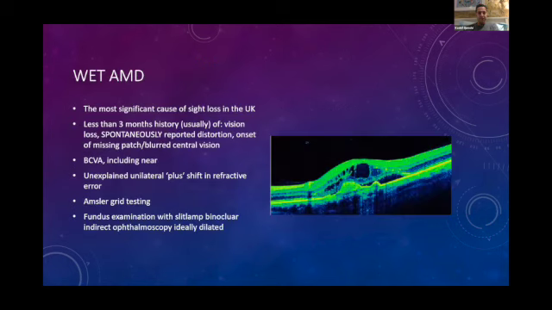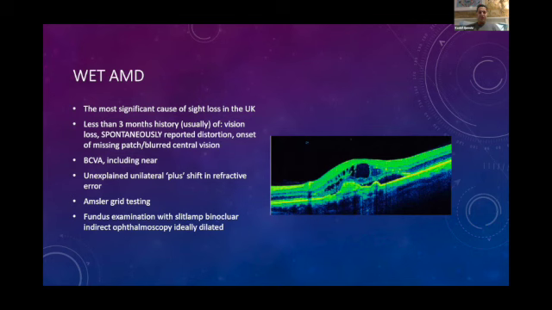So wet AMD is an urgent referral rather than an emergency. We know that it's one of the biggest causes of sight loss in the UK, and generally it's less than 3 months history of vision loss, which is spontaneously reported distortion, onset of missing patches, blurred vision in the center.